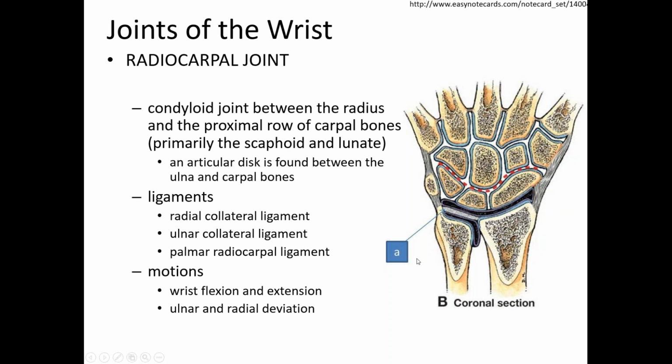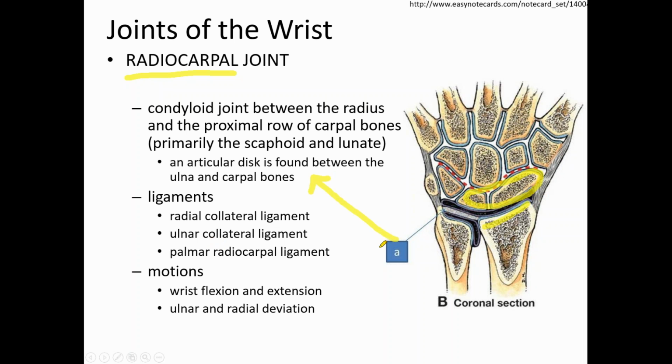All right, here we go. Now we can see we're looking closer at the wrist joint, the radiocarpal joint. It's a condyloid synovial joint between the radius and the proximal row of carpal bones, but mostly just the scaphoid and the lunate. You'll notice there's a disc found between the ulna and the carpal bones.